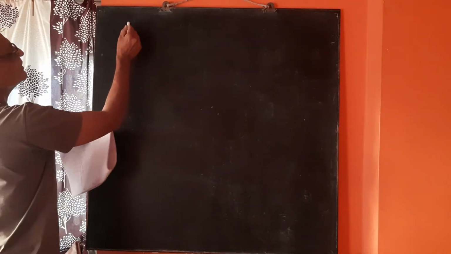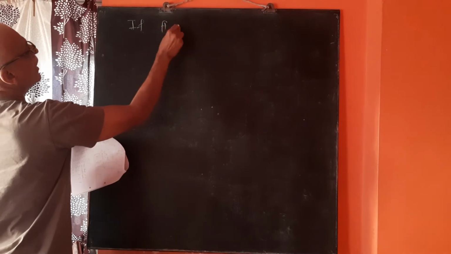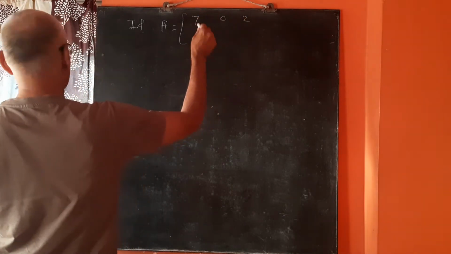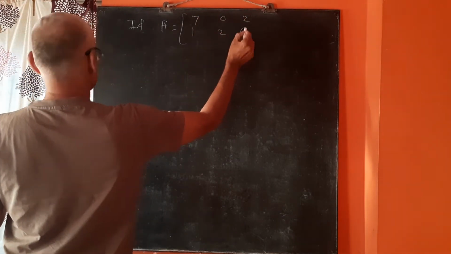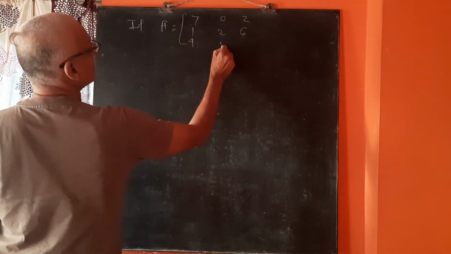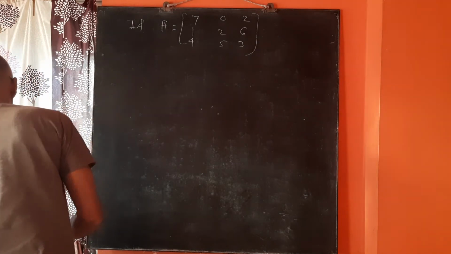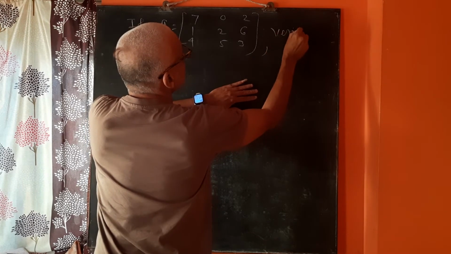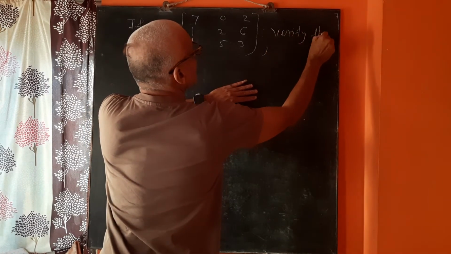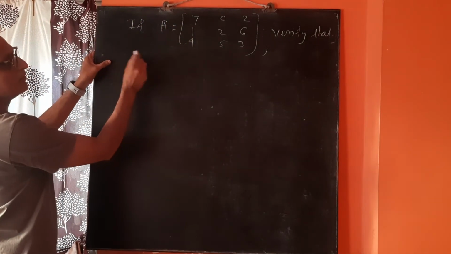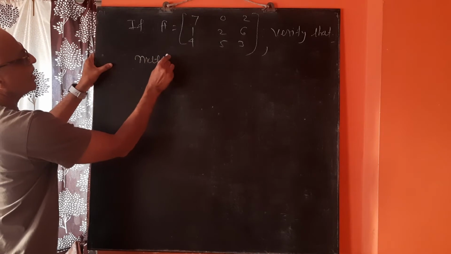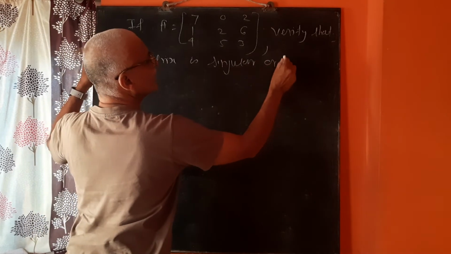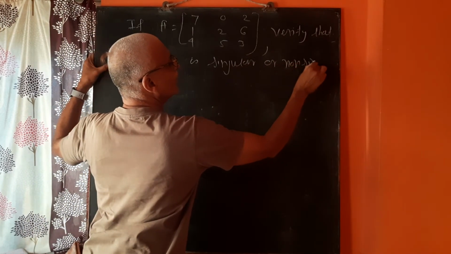The next one: if A is the matrix 7 0 2, 1 2 6, 4 5 3, verify whether the matrix is singular or non-singular.